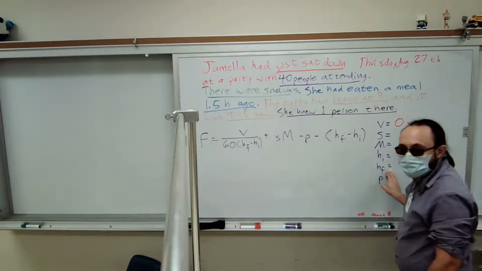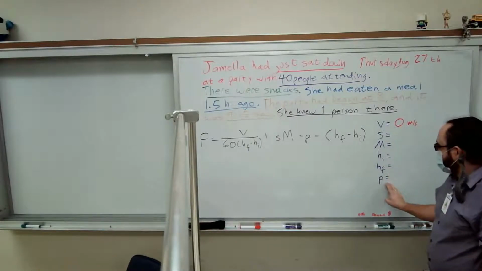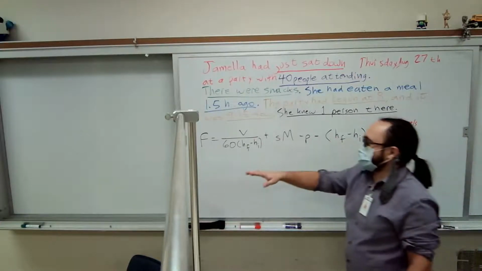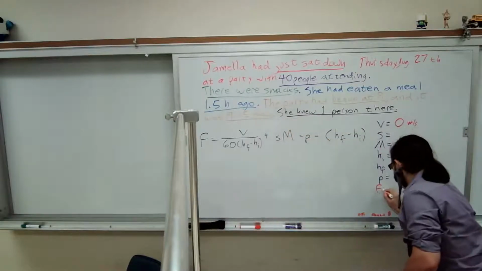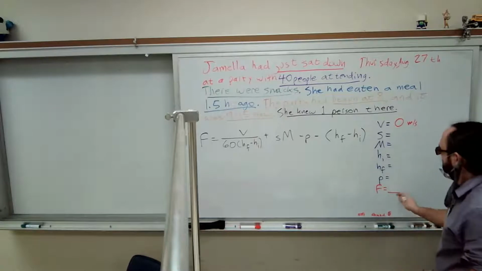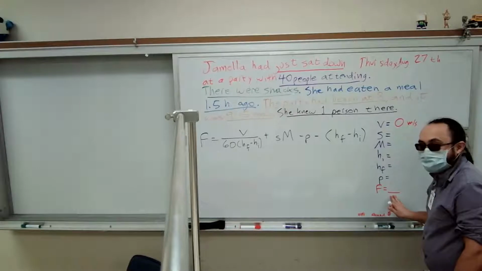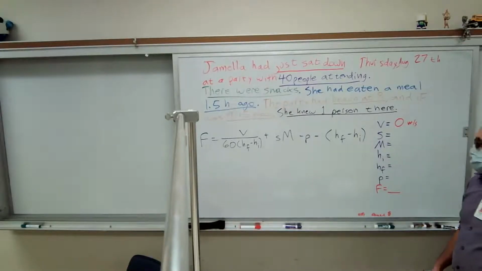And in your Google Doc on this one, it tells you to express it in decimal form, which we'll do when we get there. And P for how many people she knows at the party. This is supposed to be a formula for fun. That's what capital F is. So I should write capital F for fun equals blank, because this is what we're solving for. Don't write a question mark here. Write a blank. We'll see why when we get to that.